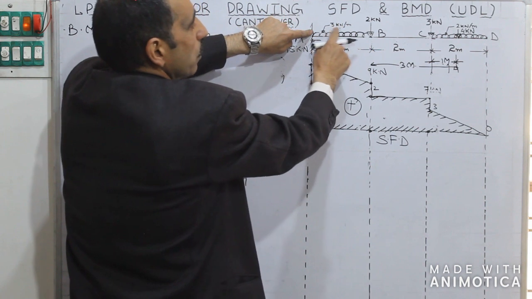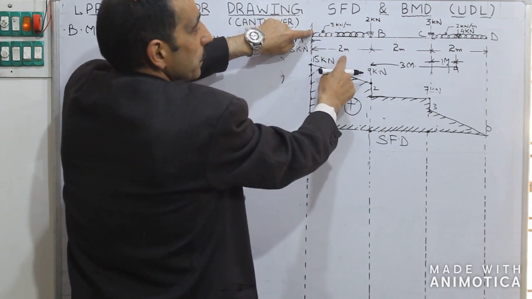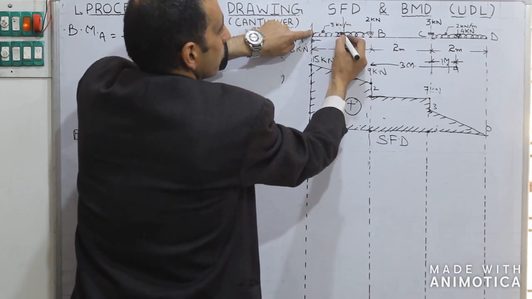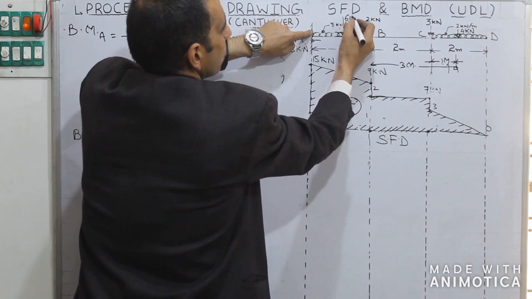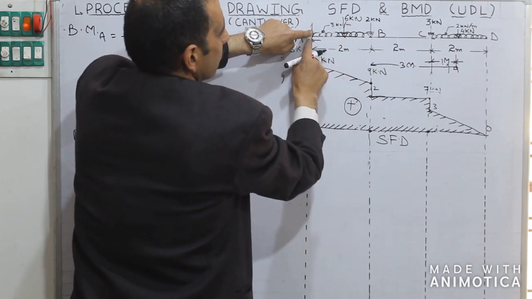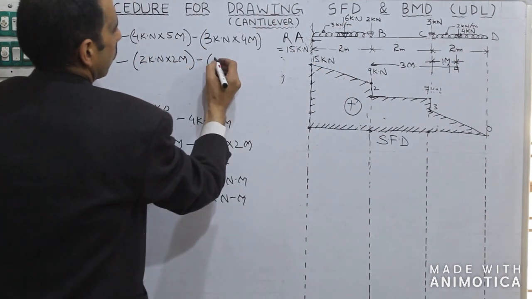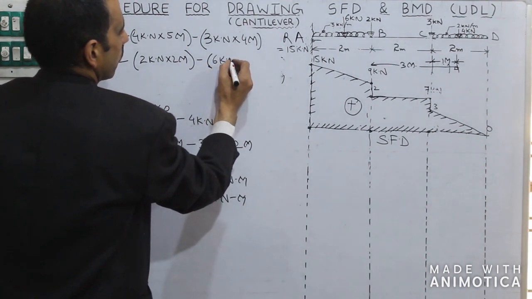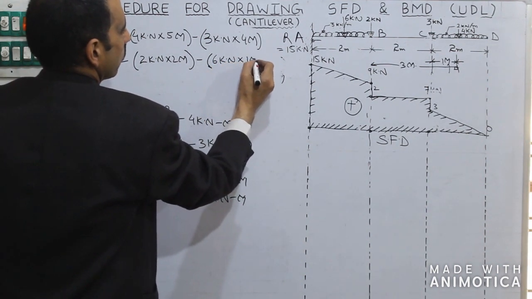It will become 3 kilonewton per meter into 2 meters, which is 6 kilonewton. The 6 kilonewton will act at the center, at a distance of 1 meter. 6 kilonewton into 1 meter.